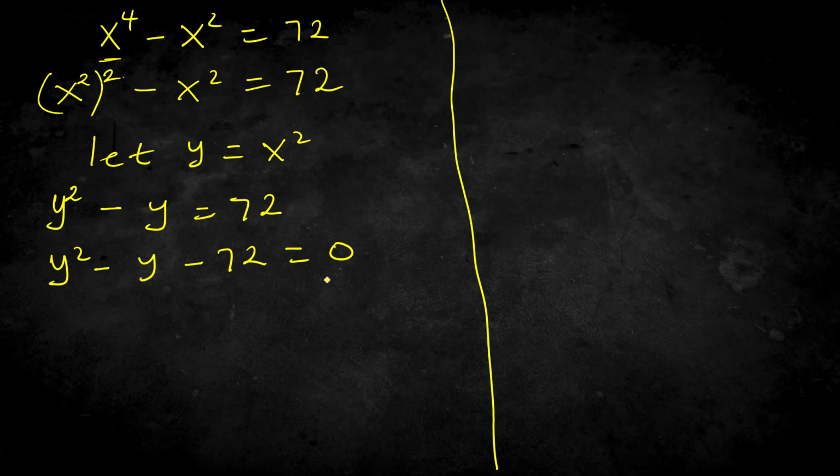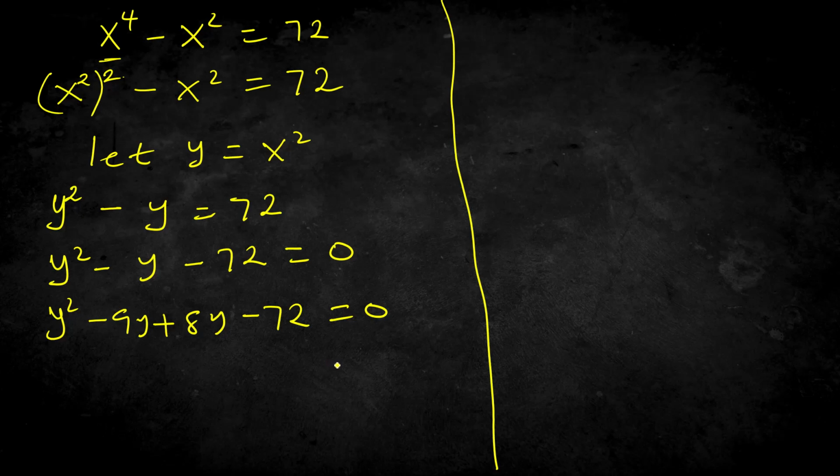All right, so let's solve this one. It's a quadratic equation. So we have 9 and 8. So y squared minus 9y plus 8y minus 72 equal to 0.